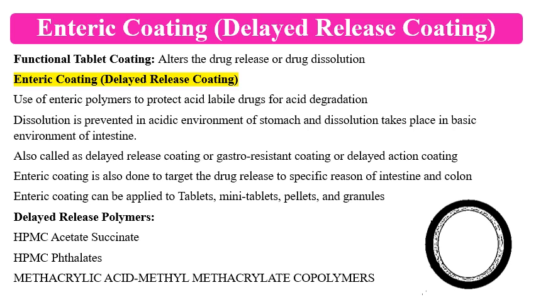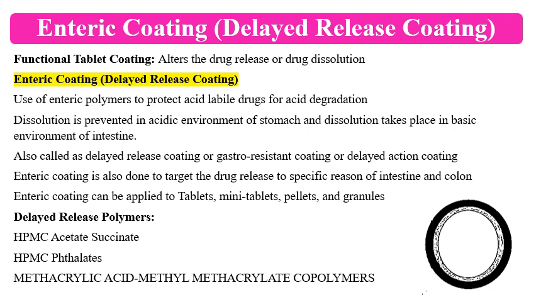So whenever the drug is sensitive to acid, the enteric coating may prevent the release of API into the stomach where the environment is acidic, and it releases the drug into the intestine where the environment is basic. By enteric coating, dissolution is prevented in the acidic environment of the stomach and dissolution takes place in the basic environment of the intestine. It is also called delayed release coating, gastro-resistant coating, or sometimes delayed action coating.